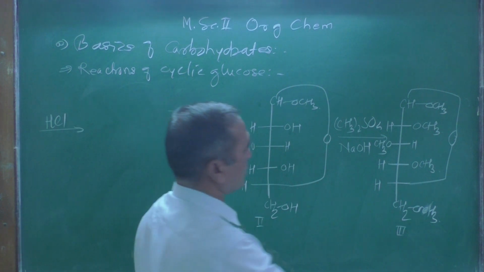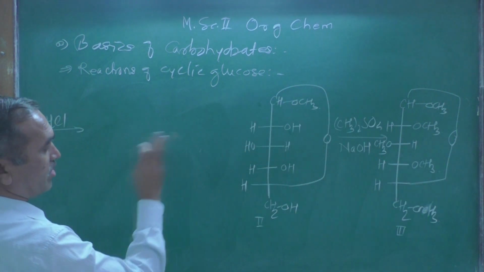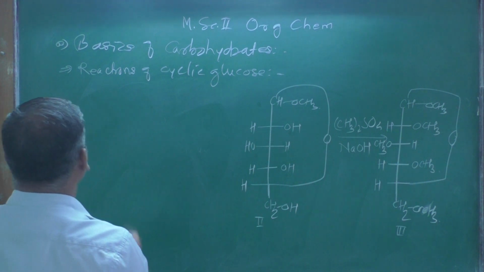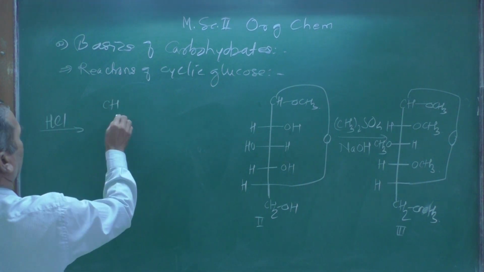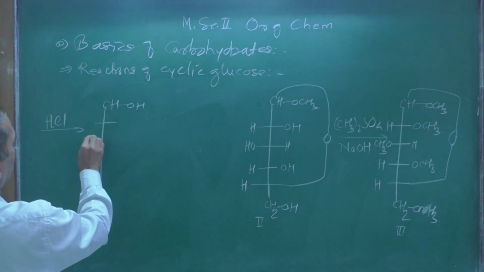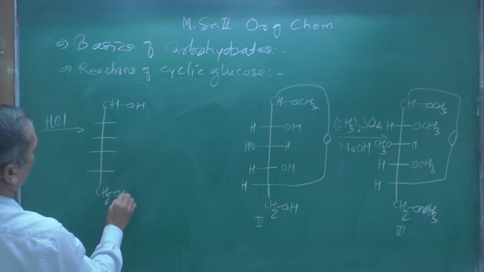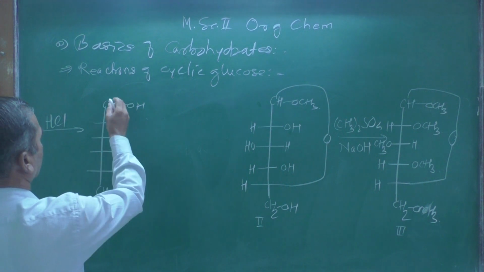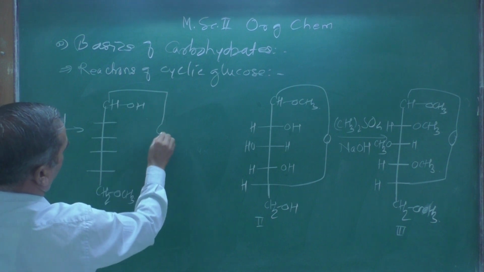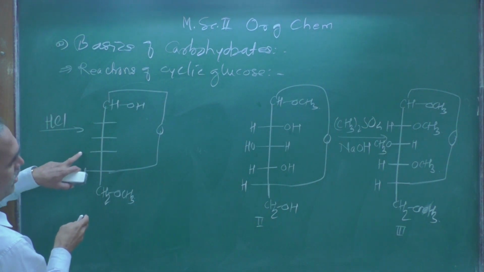Only this gets deprotected, deprotection occurs at that particular site only, and the remaining things remain as it is. So here 1, 2, 3 and 4, and the last one, CH2OCH3, remains as it is. Then we can write this as it is, with the hydrogen atom.